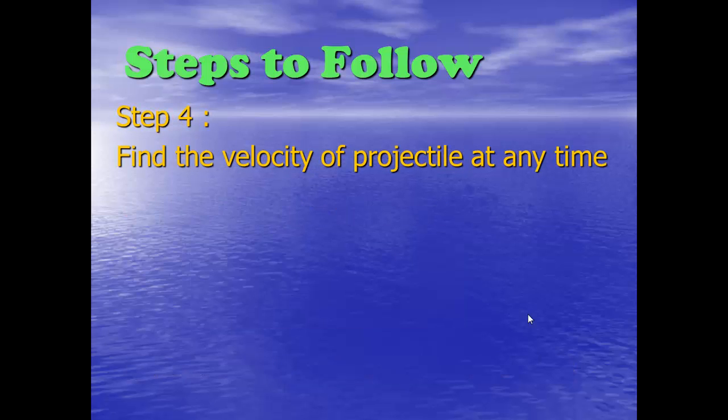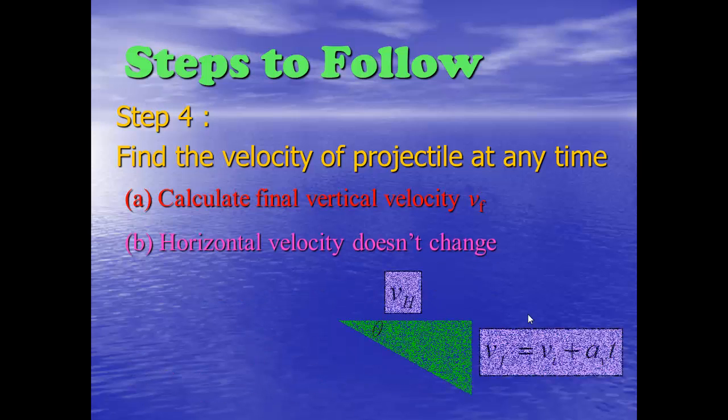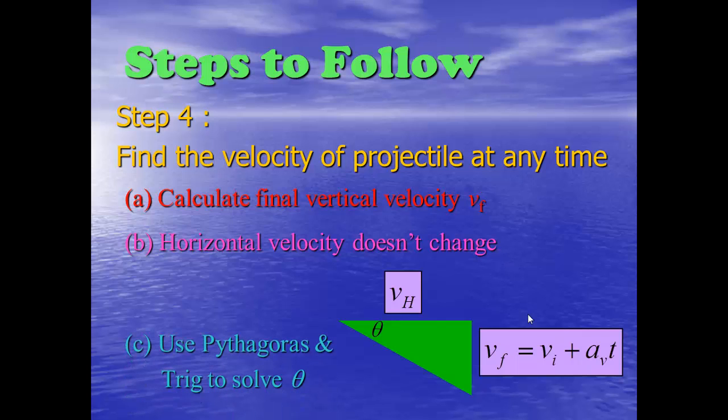Step 4, we generally find the velocity of the projectile at any time. We have to find the final vertical velocity to do that. The horizontal velocity of a projectile, once it's been launched, actually doesn't change. One of the key things that we will use is the idea that the horizontal acceleration is 0.